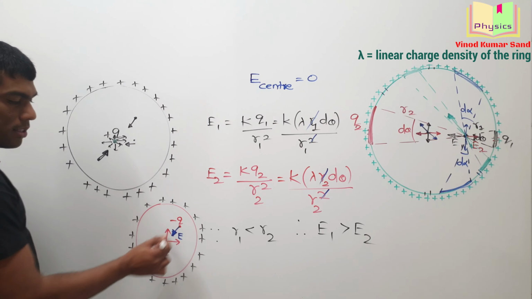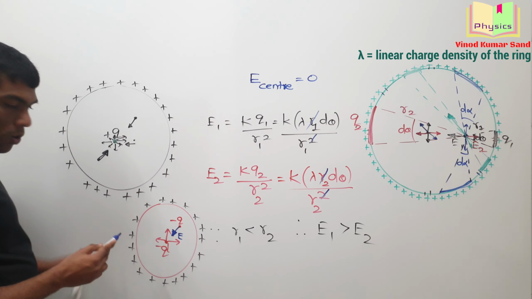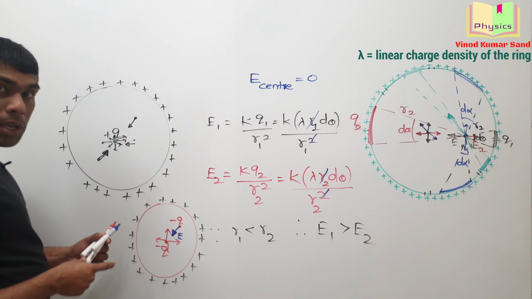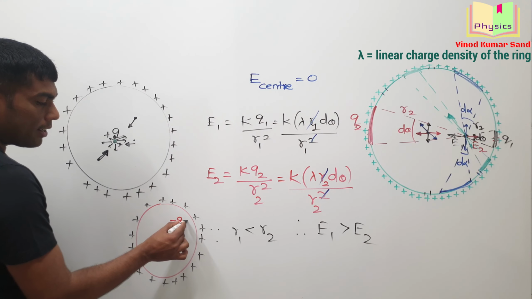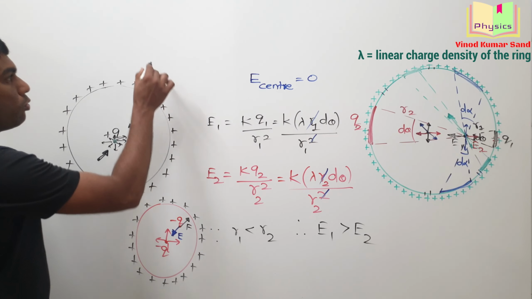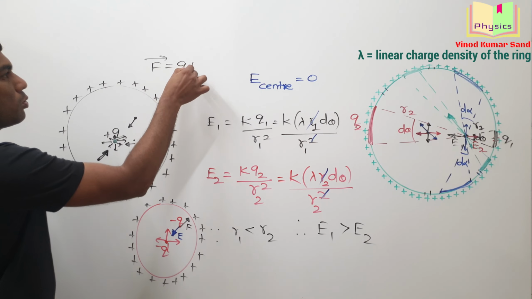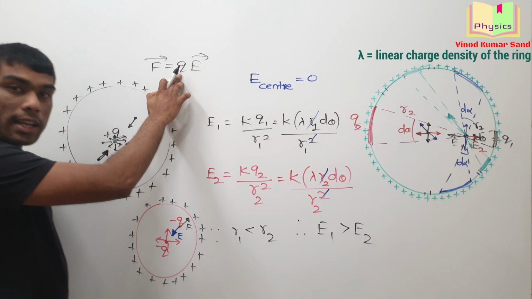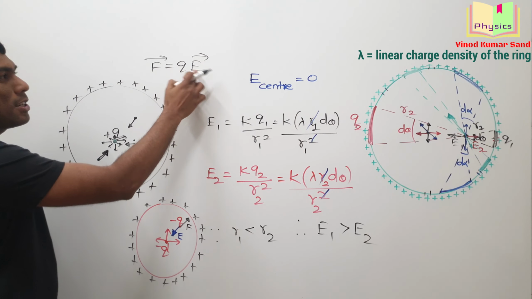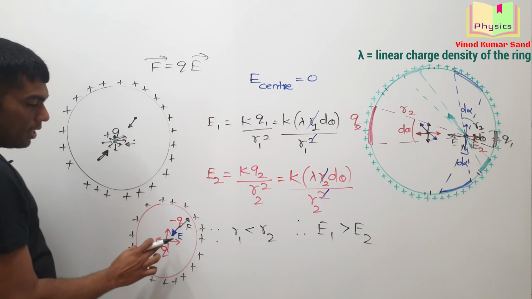Electric field is toward the center of the ring, then the force on that minus q charge will be in the opposite direction of the electric field, because for force we know that F is equal to qE. When we put the negative charge here, force will be in the opposite direction of the electric field.